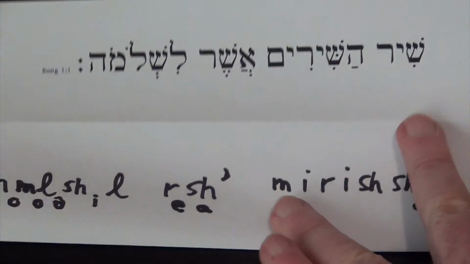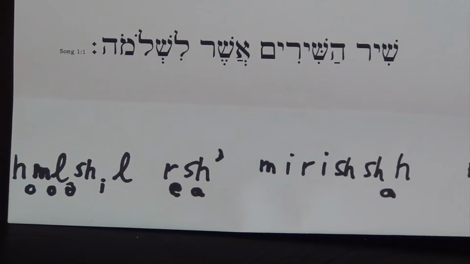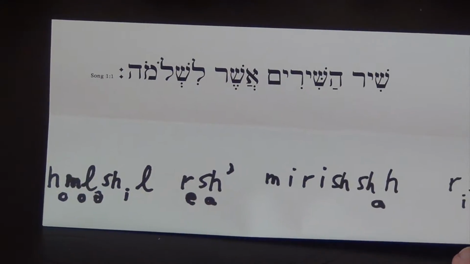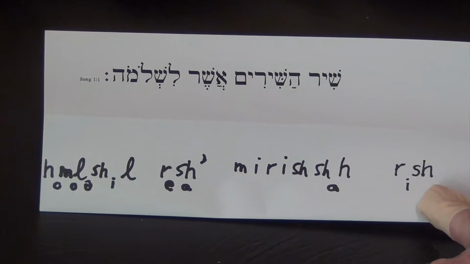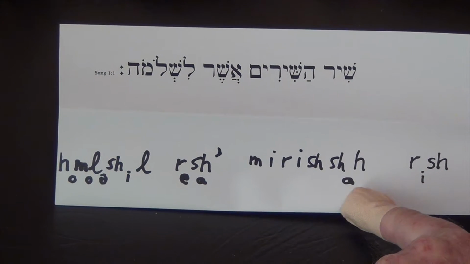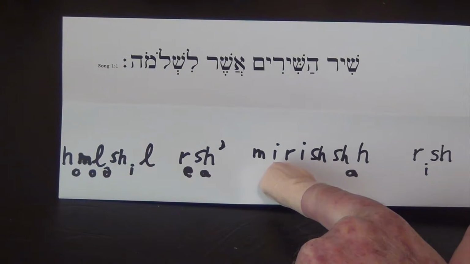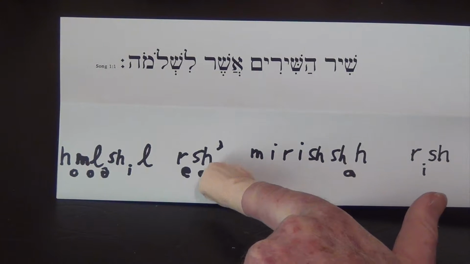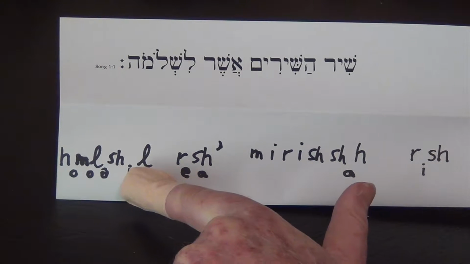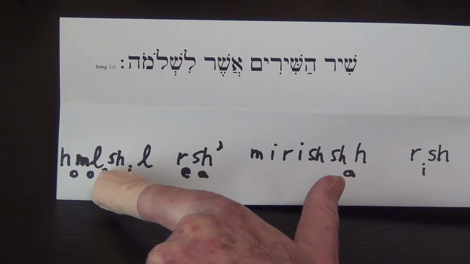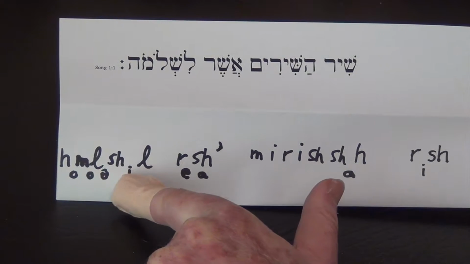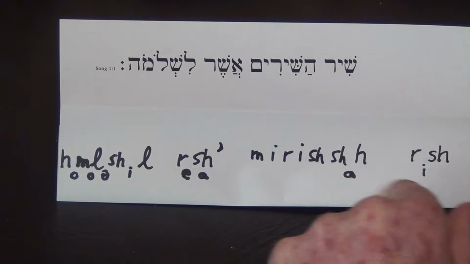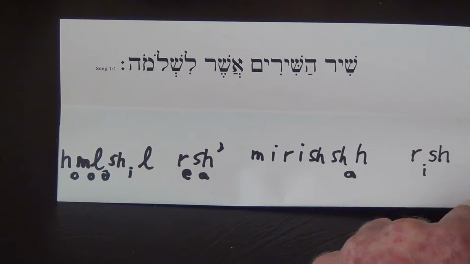And so here I've folded my paper and I've written the letter by letter translation. Shir, Hashirim, Asher, Lishlomo. I got it right this time. Lishlomo.